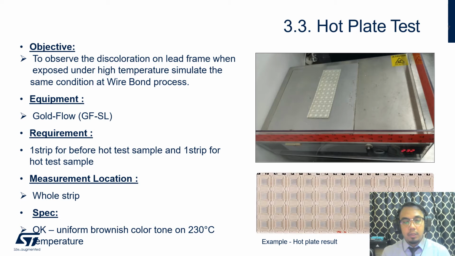The measurement location is on the whole strip. With the spec, after the hot plate test, we will see a uniform brownish color tone when we put the lead frame at 230 degrees Celsius temperature.